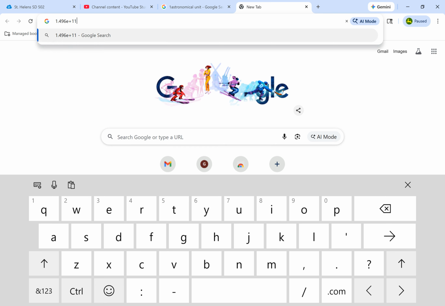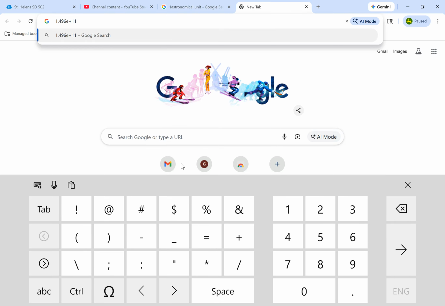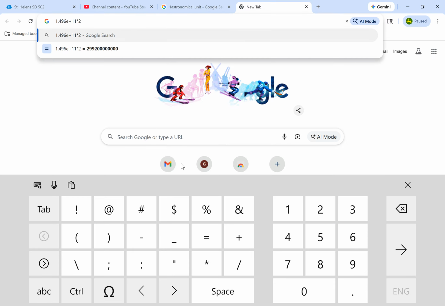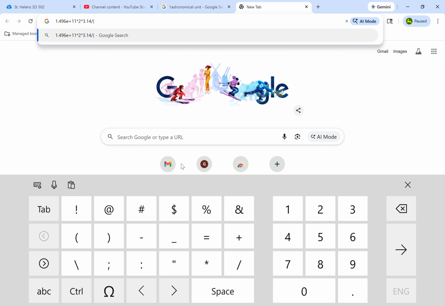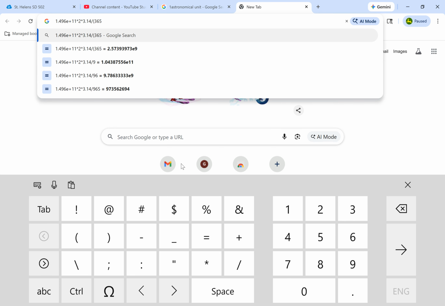Times 2 pi. That's the circumference of our orbit, divided by 365 times 24 times 60 times 60.